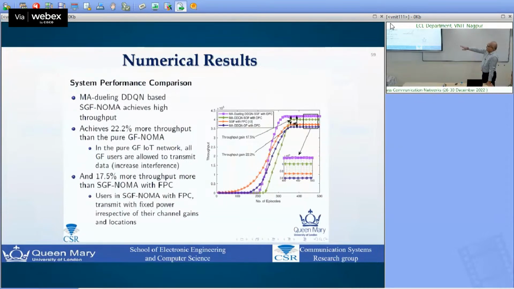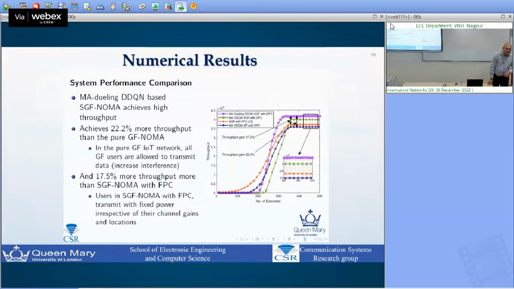So here are two different scenarios. One is fixed power, and the one that we are considering is the different power level. Suppose the grant-based user in that sub channel is allocated power P1, and the grant-free users are allocated power P2 and P3.